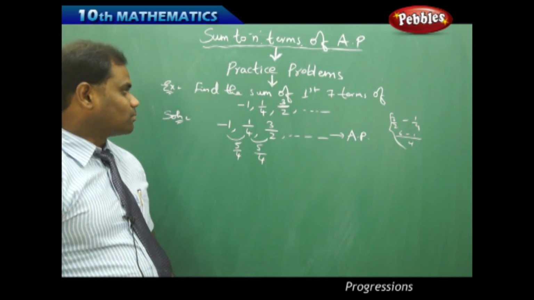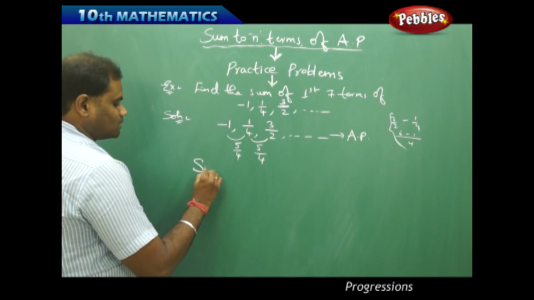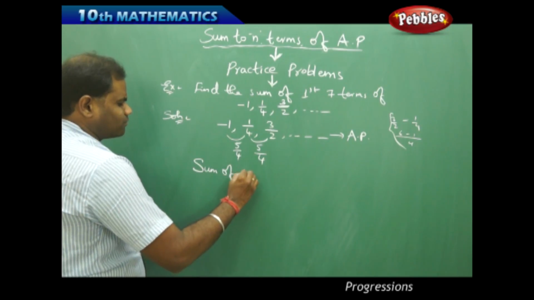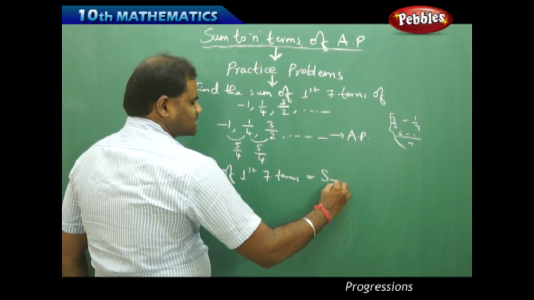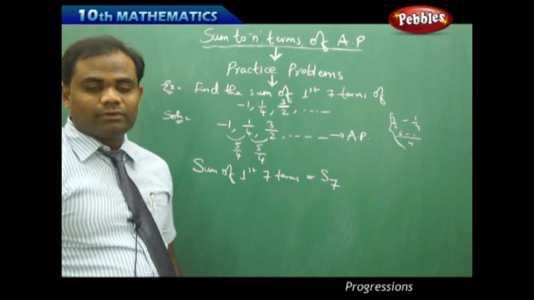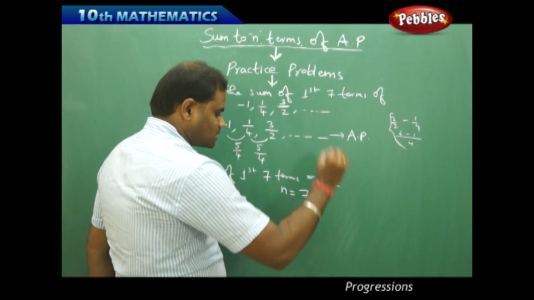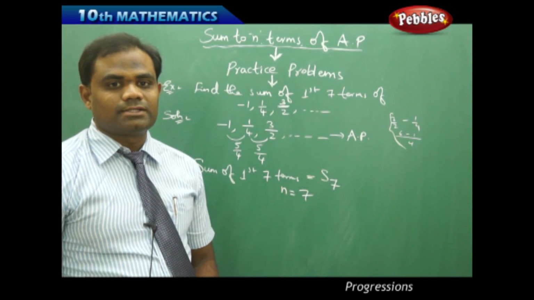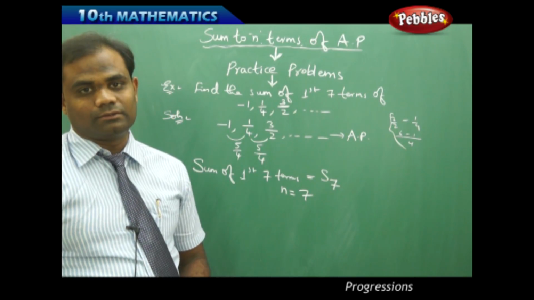Now for this arithmetic progression, I wanted to find the sum of the first 7 terms, which is denoted by S7, and therefore we have the formula for Sn where n is equal to 7. So let's take the formula for Sn and then substitute n equal to 7.